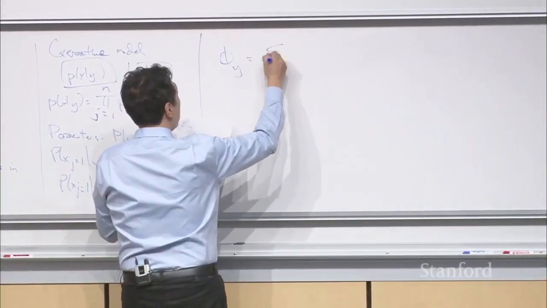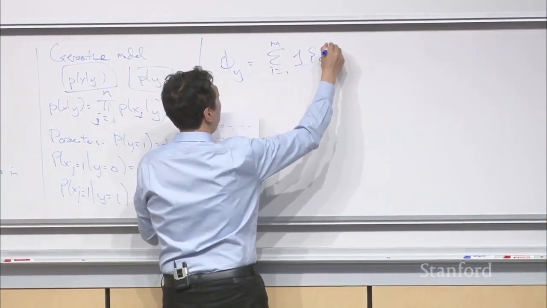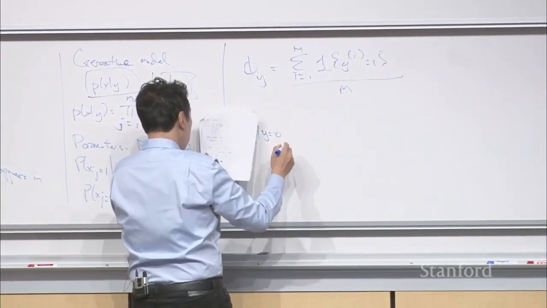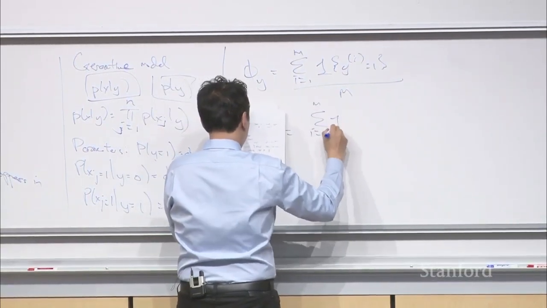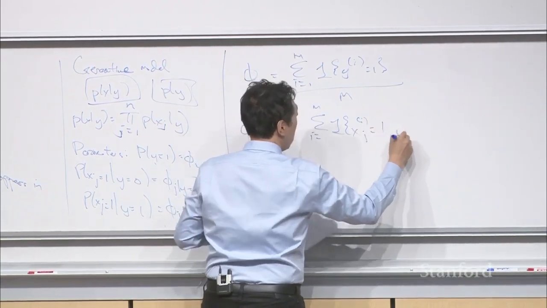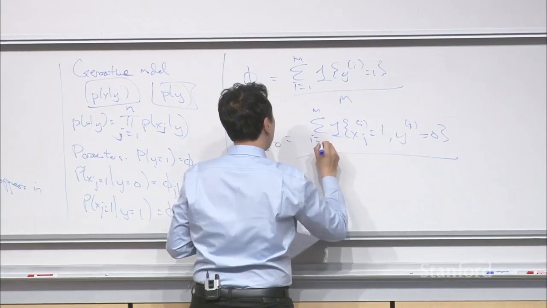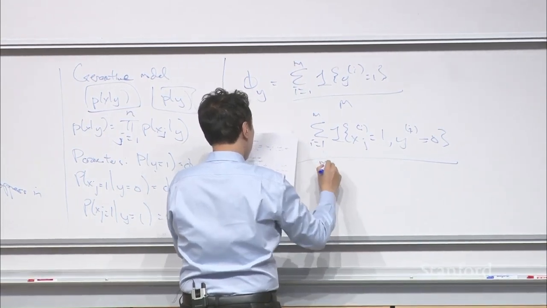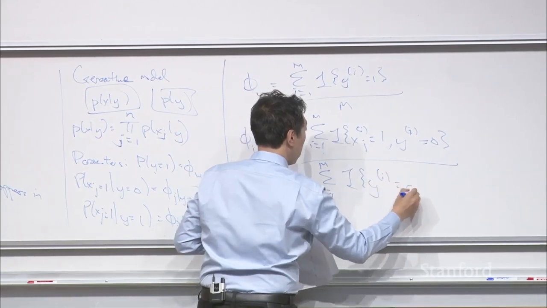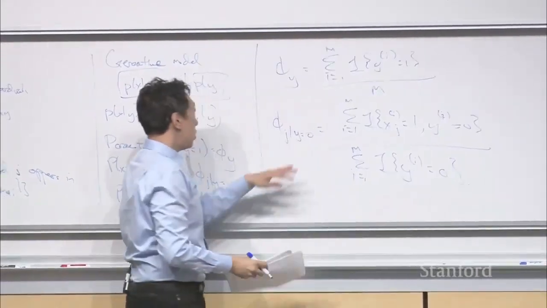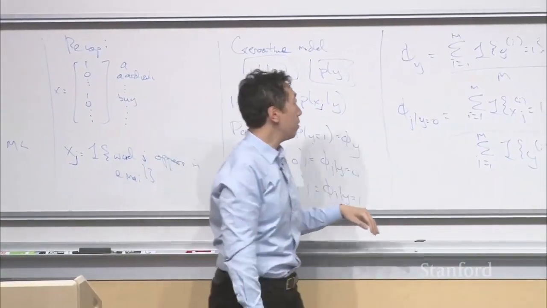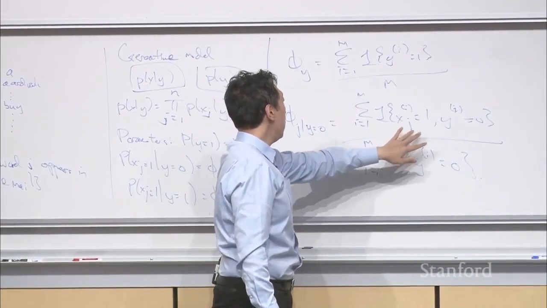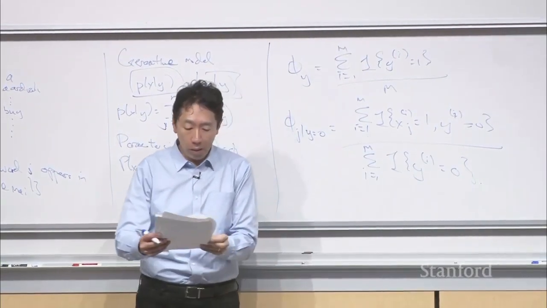And so if you derive the maximum likelihood estimates, you will find that the maximum likelihood estimate of phi y is just the fraction of training examples that were equal to spam. And the maximum likelihood estimate of phi j given y equals 0 is just the indicator function notation way of writing: look at all of your emails with label y equals 0 and count up in what fraction of them this feature x j appeared, did this word x j appear.